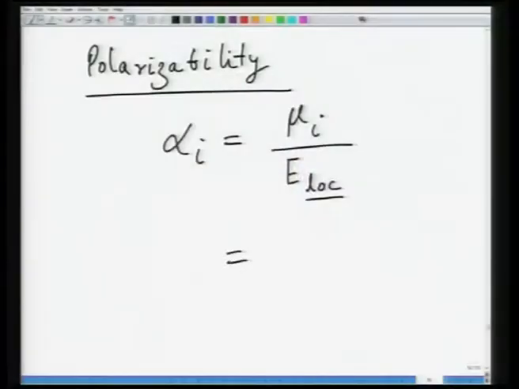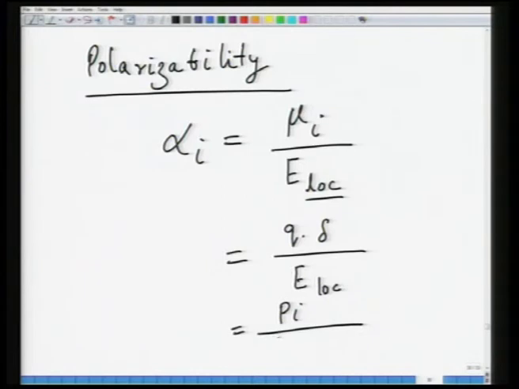Now, mu i is q into delta divided by E local, and this can also be written as P i divided by N i E local, because I know that mu i is equal to P i divided by N i.